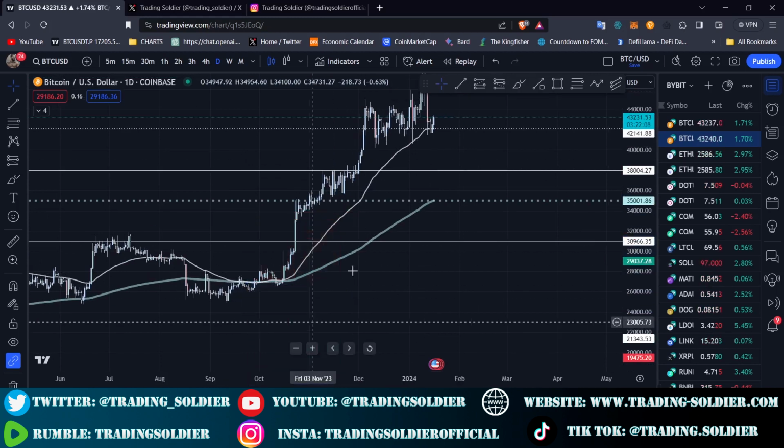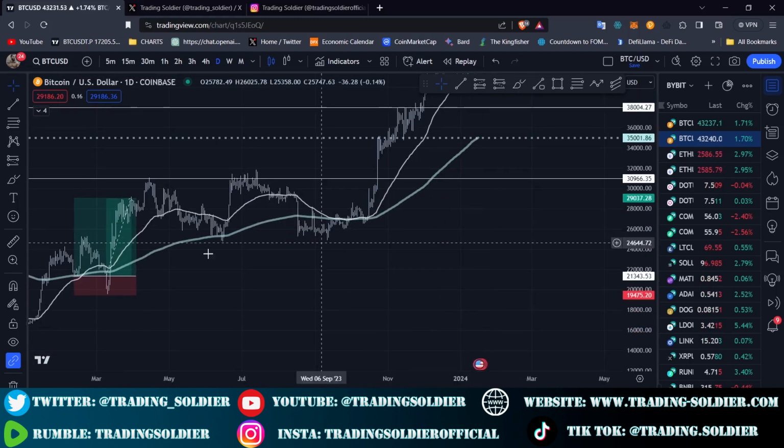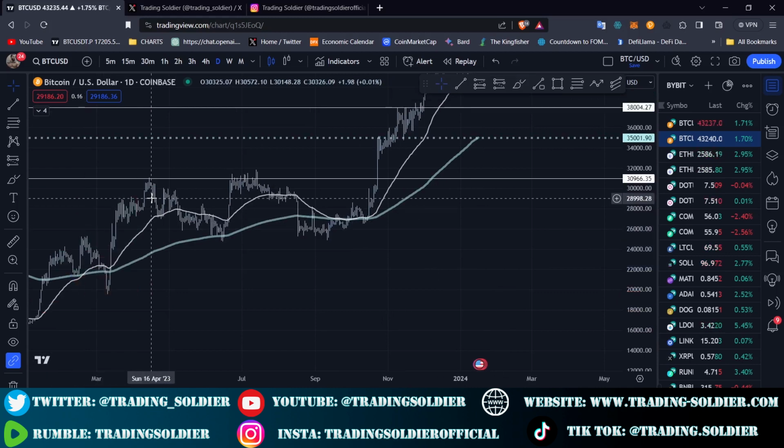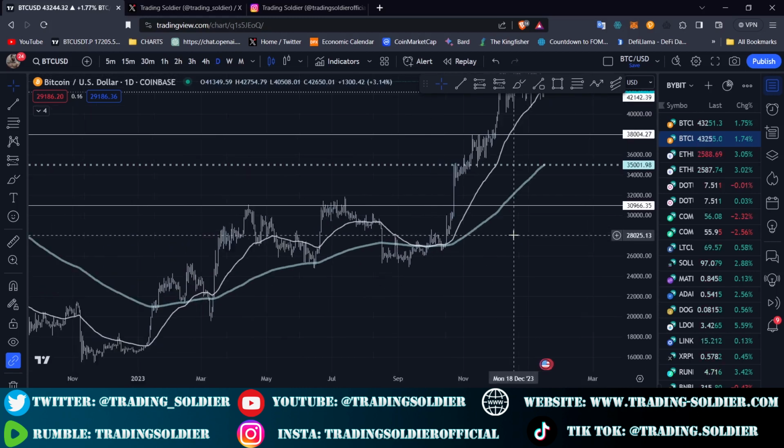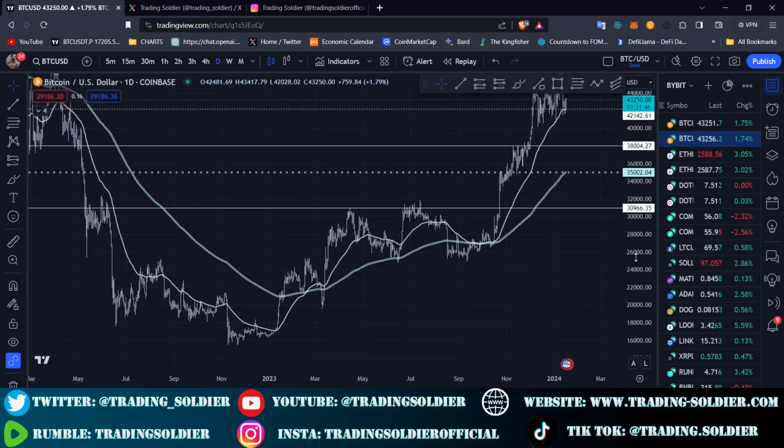So this is, let's say, also how golden crosses and dead crosses can be used as a contrary indicator, because we know that a lot of traditional traders or beginner traders are using the golden crosses and dead crosses in the daily time frame, obviously, as confirmation or as a signal to buy or sell, or enter long or enter short.